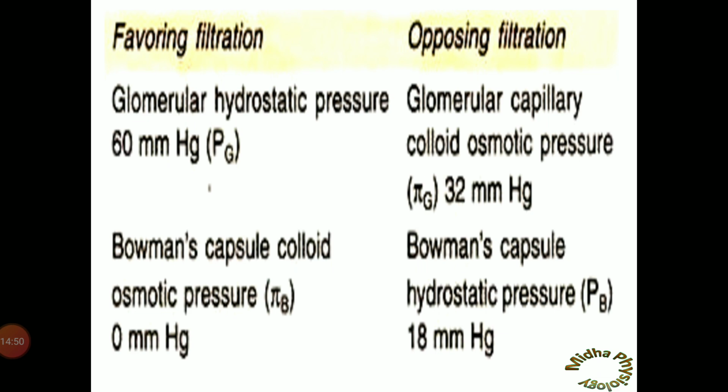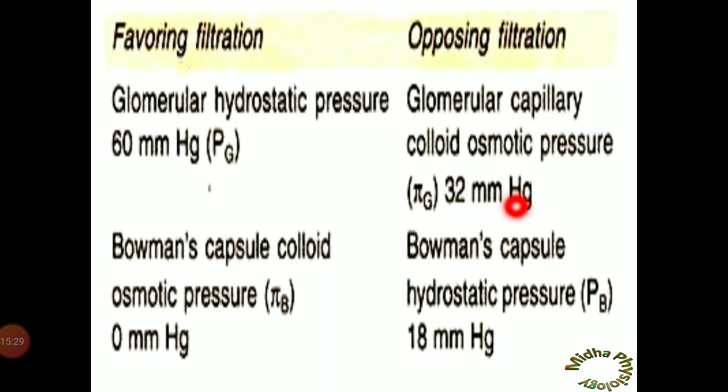So here you can see again the factors which favor the filtration and the factors which oppose the filtration. The glomerular hydrostatic pressure of the capillary favors the filtration, whereas the capillary colloidal osmotic pressure opposes the filtration. Similarly, the Bowman's capsule colloidal osmotic pressure also favors the filtration because it tries to drag the water and electrolytes from the capillary into the Bowman's space, but in normal conditions it is only 0 millimeter of mercury.